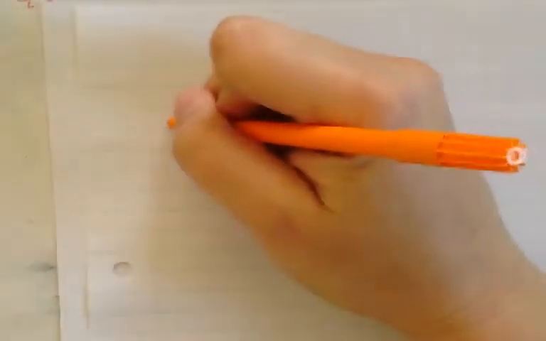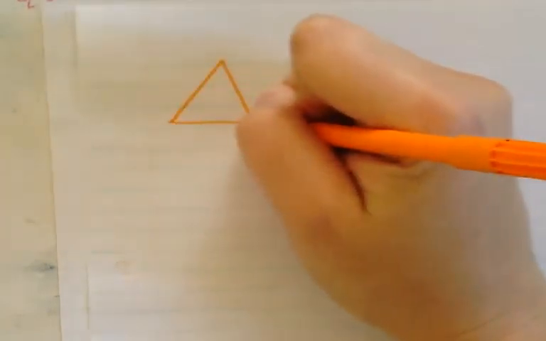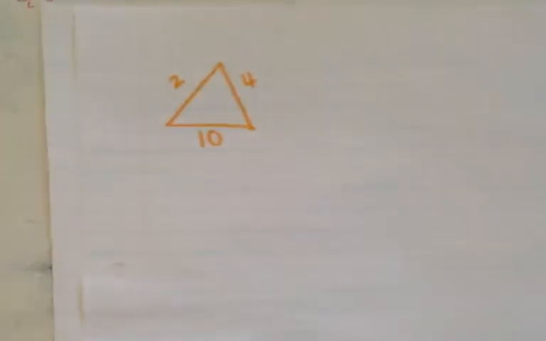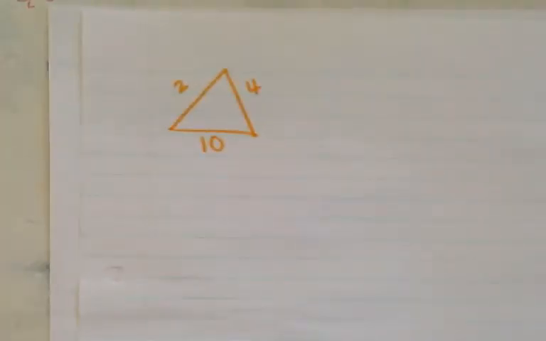So just a random triangle, and I'm going to tell you that it's 2, 4, and 10. Does that make sense visually? No, it doesn't. It's not to scale. But it is numbers that we have to work with.